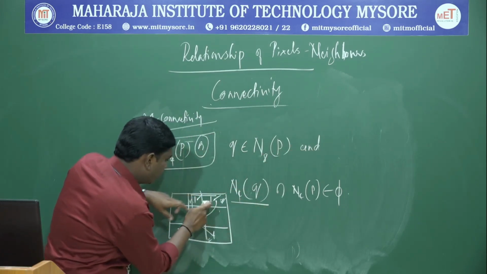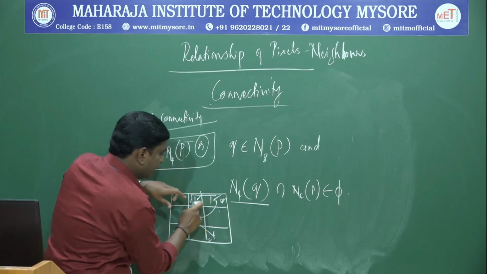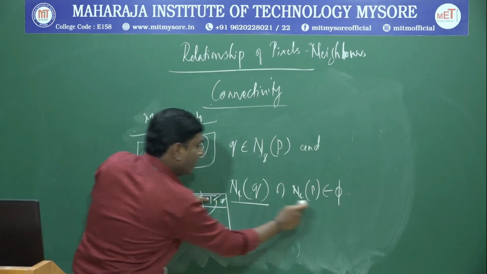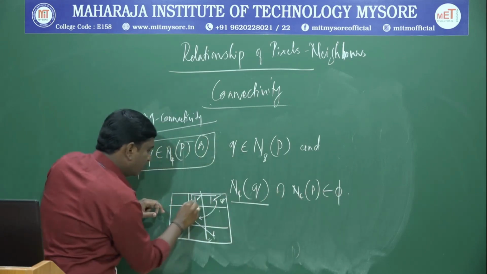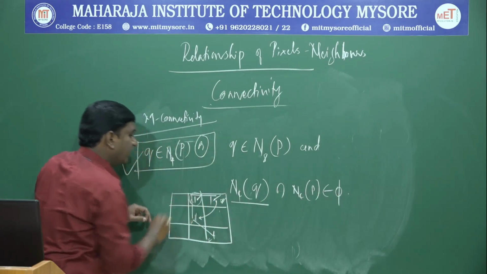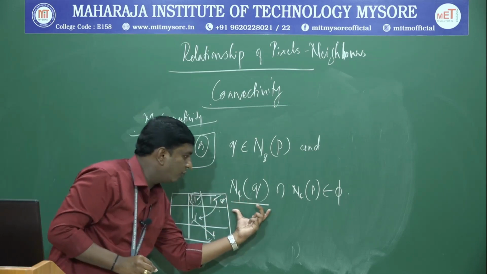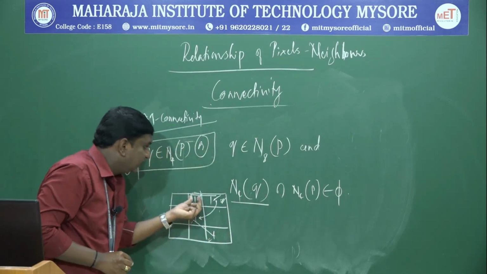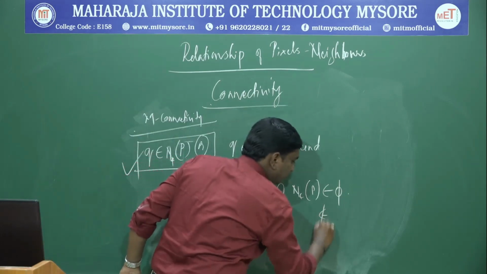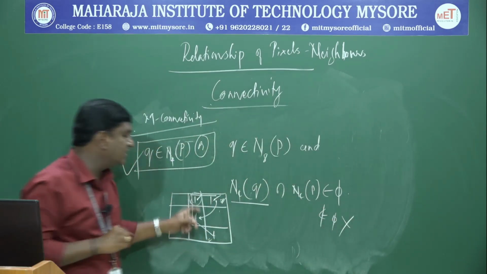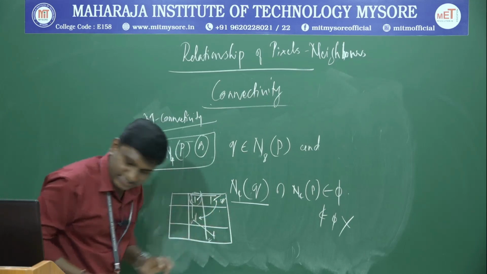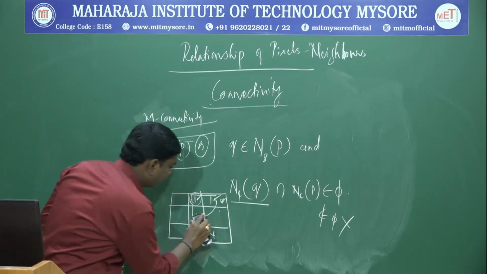N4 of Q. What is the N4 of Q? This is N4 of Q. This is a neighbor of N4 of Q. What N4 of P? This is an N4 neighbor. If I take an intersection of this, yes, this is the pixel which I get. If I take N4 of Q and N4 of P, it is not null. If it is not null, this cannot be considered. We cannot take this connectivity.